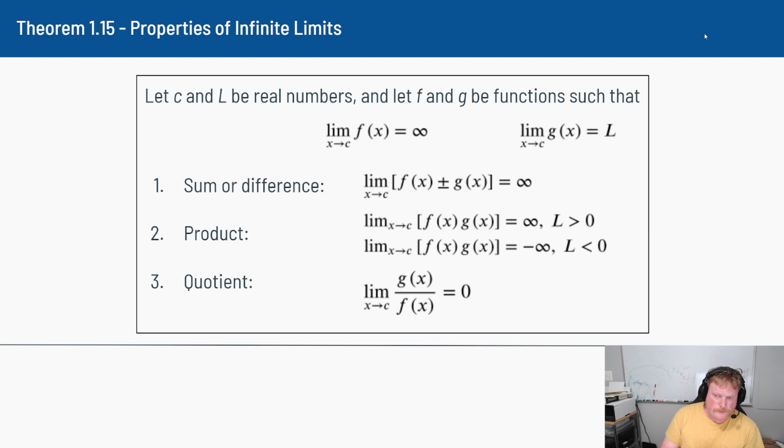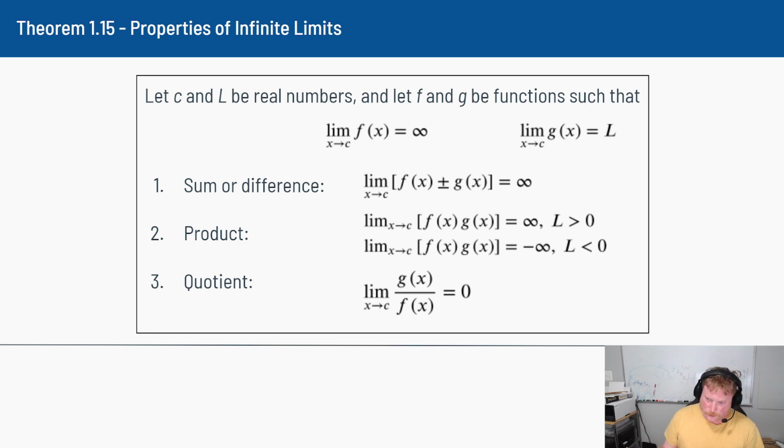So a quick list of some properties of infinite limits. Say we have two functions f and g, and the limit of f as x approaches c is infinity, and the limit of g as x approaches c is L, some real number. Then if I want to know the limit of the sum of those functions, the infinity sort of supersedes whatever the limit of g is approaching.